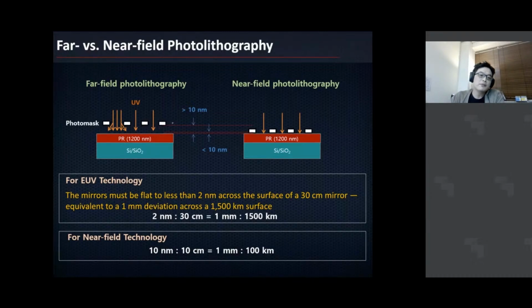But the problem is, if that gap is over tens of nanometers, your UV light source will be diffracted at the edge of the metallic photomask. That's the issue.